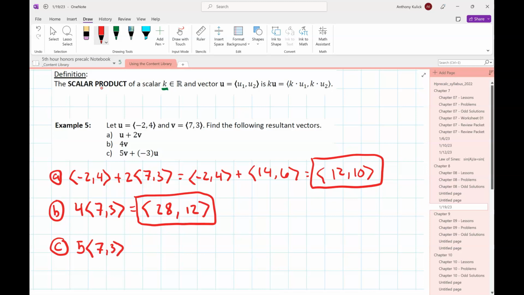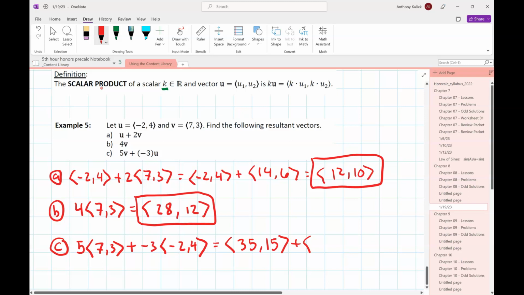So again, just like before, what comes first? The multiplication. Make sure we call that scalar multiplication. At least that's what I'm going to say every time.